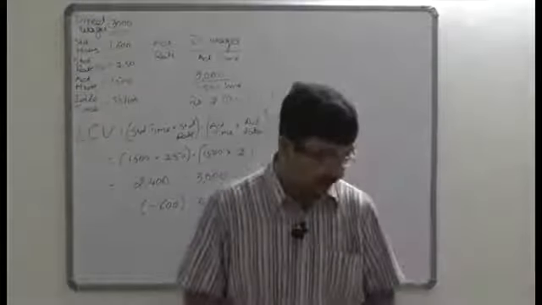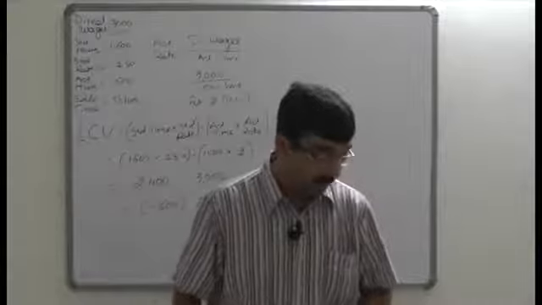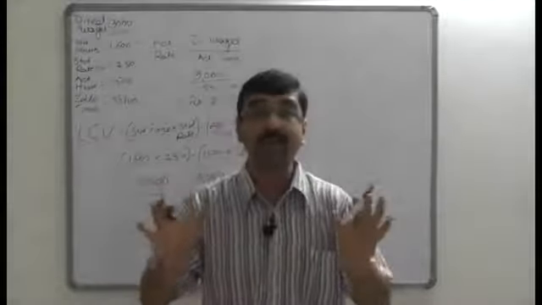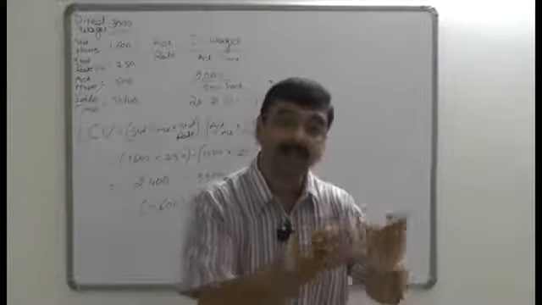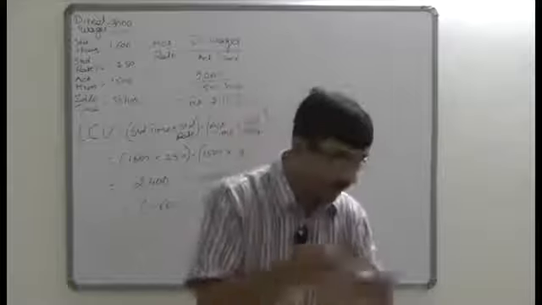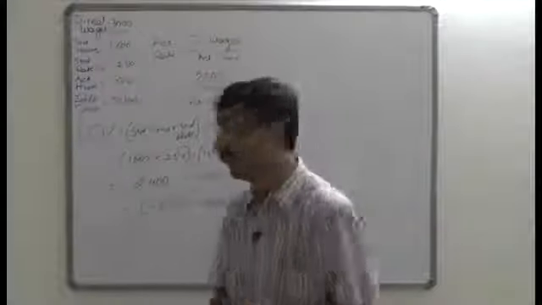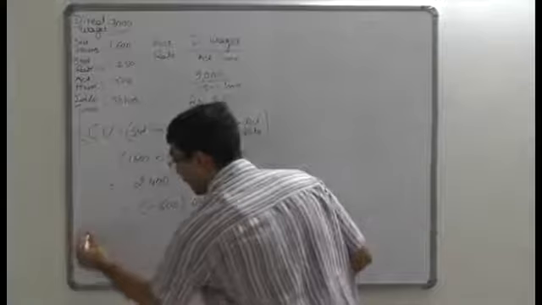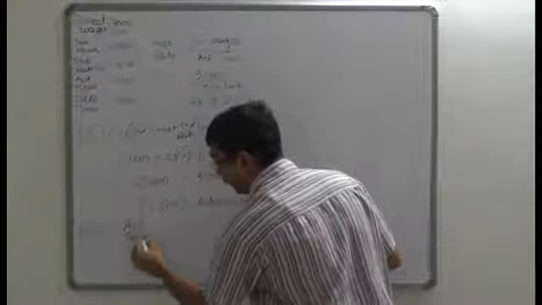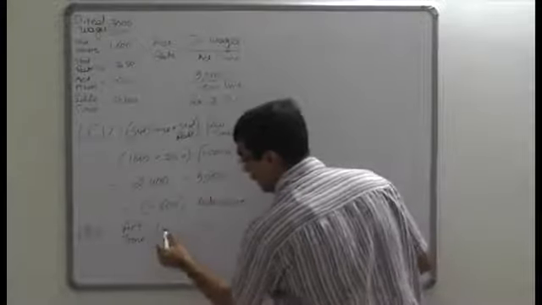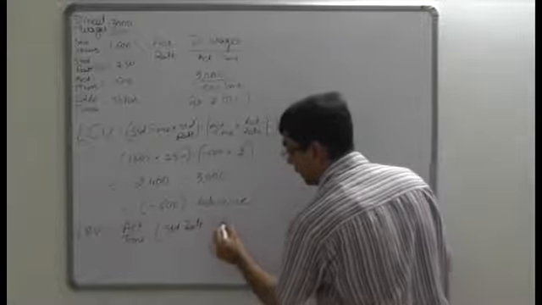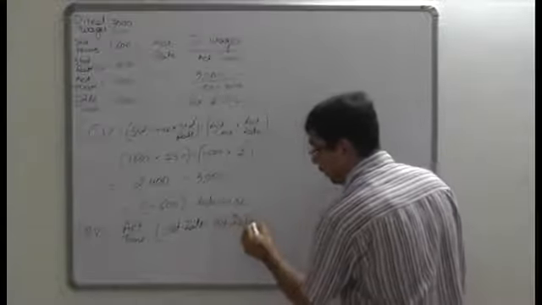Let's move to the next variance, that is labor rate variance. Labor rate variance is a comparison of rates, that means standard rate minus actual rate, but this difference is multiplied by the actual time. So the labor rate variance formula is actual time multiplied by standard rate minus actual rate.